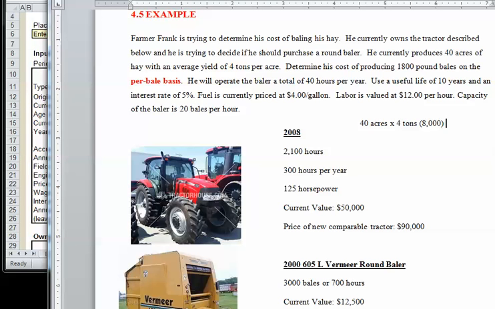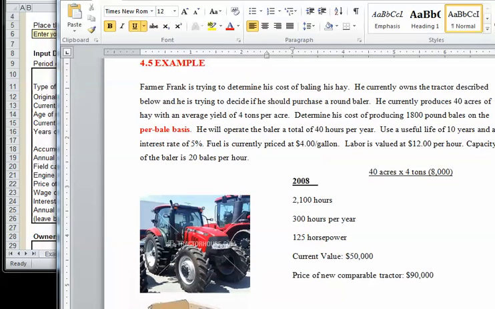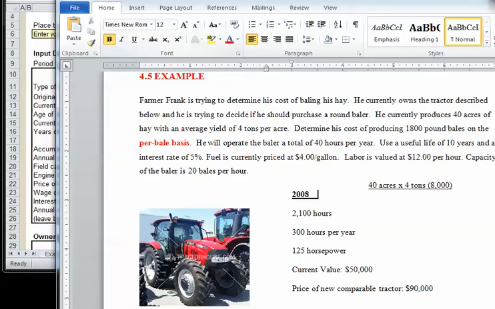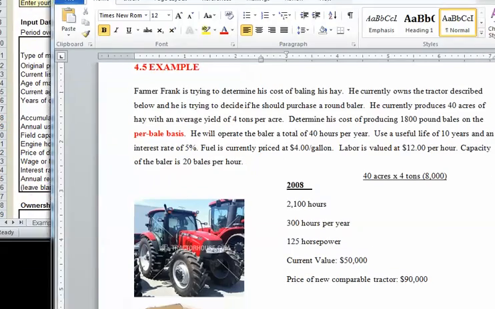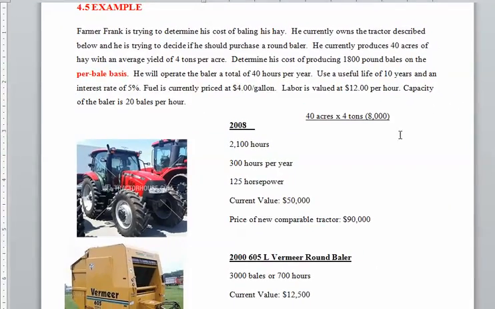Okay, that's 320,000 pounds. We divide all that by 1,800 pound bale. 1,800 pounds per bale gives us total bales, 178 bales.